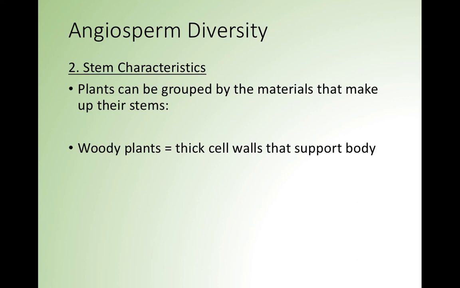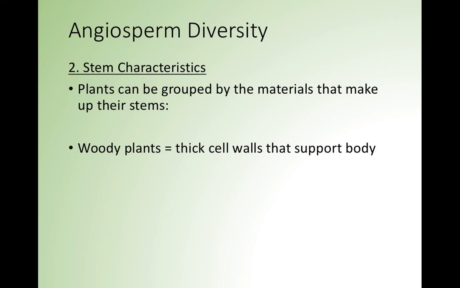The cells that are found there have thick walls with lots of cellulose and things like lignin, which is a substance that helps to make them stronger as well. And that just means that they can support more weight. So a lot of trees, shrubs, and vines fall under this group. Okay, maybe some examples would be like grapes or vines or all the different trees.